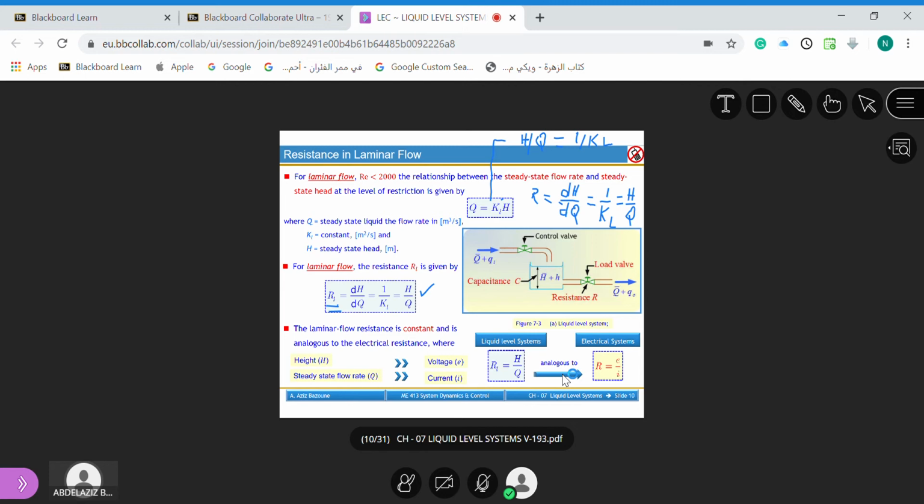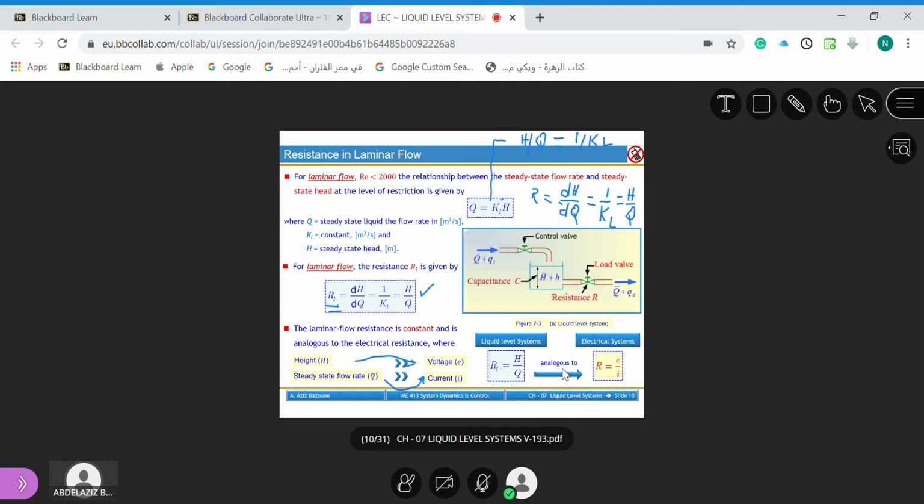So the laminar flow resistance is constant, and it is analogous to the resistance in electrical systems, where the height plays the role of the voltage, and the steady state flow rate is exactly like the current.